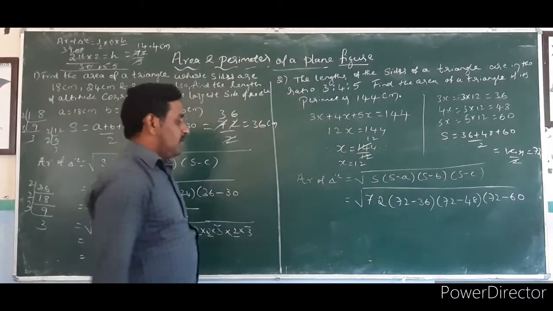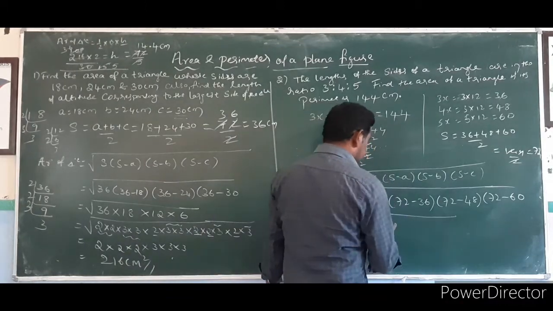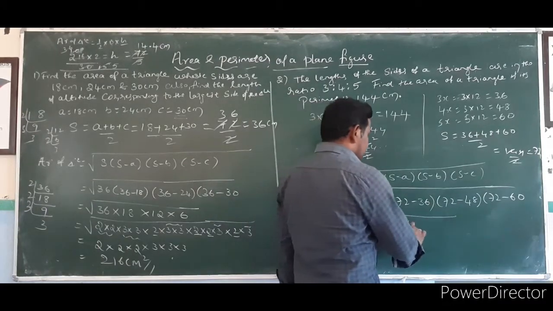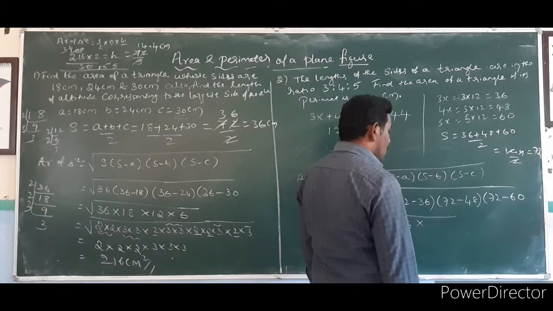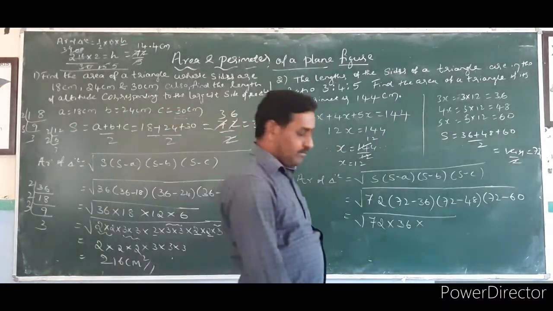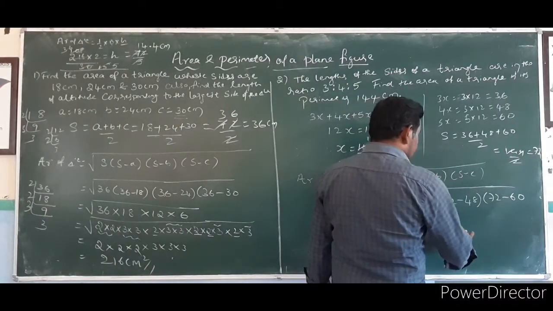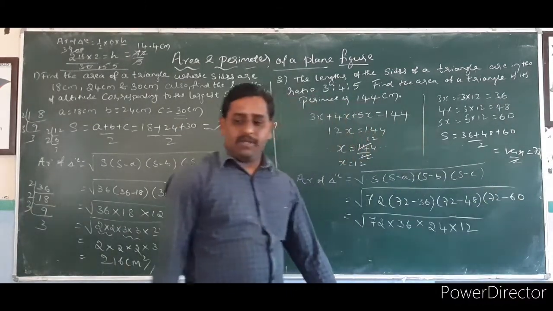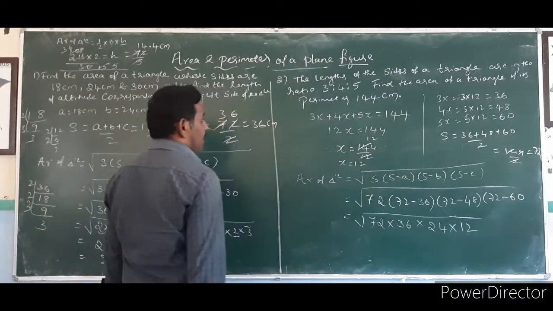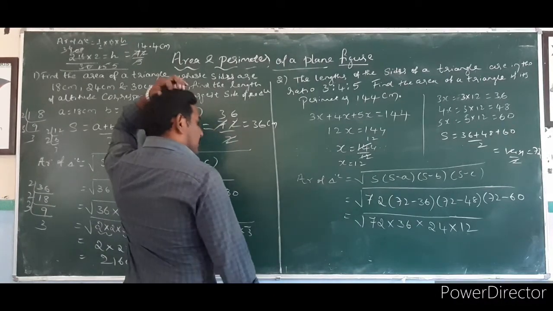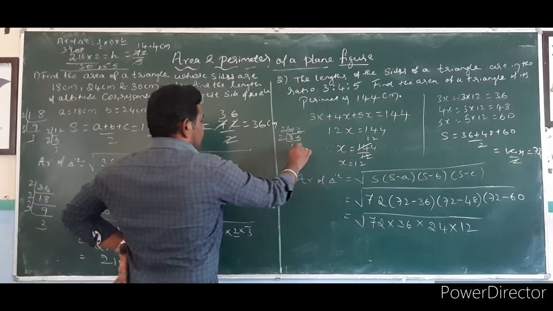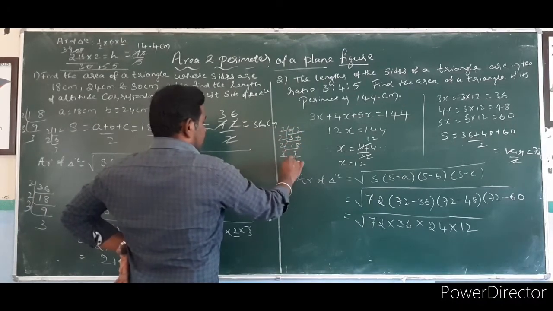So you can simplify: 72 into, in 72, 36 will go means 36. 72, 48 will go means 24, into 12. 72, 60 will go means 12. So now you can write the prime factors of 72. 2 3s are, 2 6s are, 2 18s are, 2 9s are, 3 3s are.